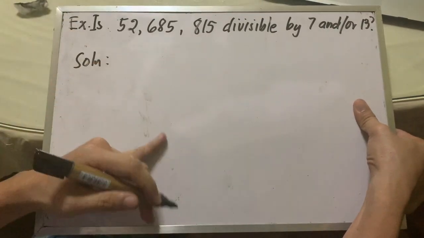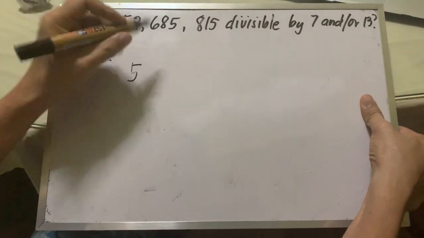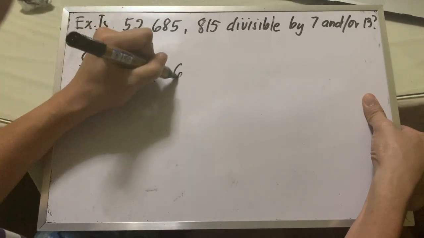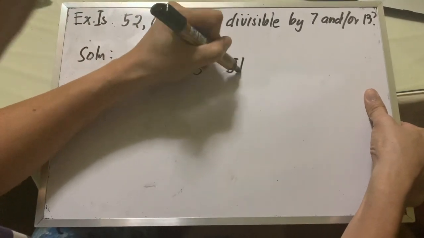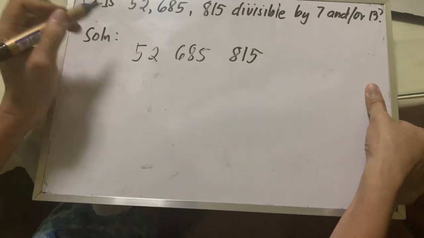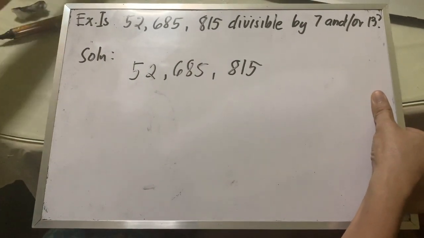So we use the same strategy. Okay, we have 52,685,815.